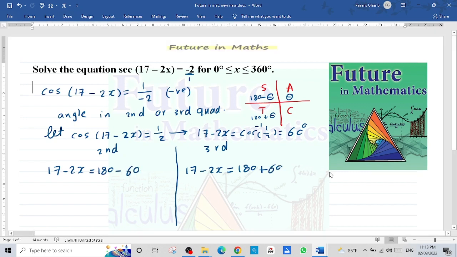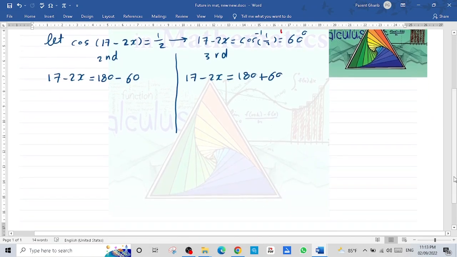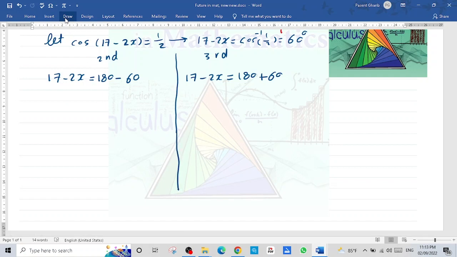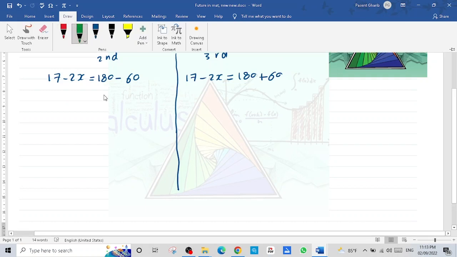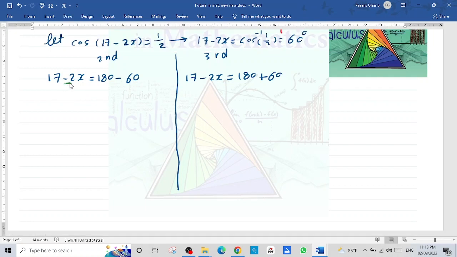Now, let us study negative 2x because we need the value of x. To get all answers, we add or subtract 360. It depends on the sign. Because this is negative 2x, we subtract 360 two times.